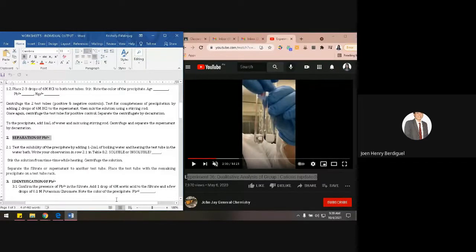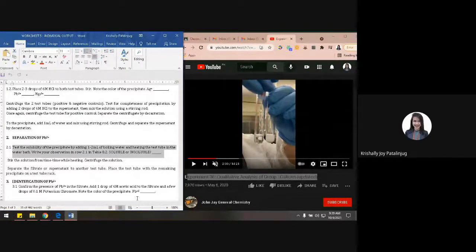Andito ba si Joanne? Yes, ma'am. Okay. 2.1. Test the solubility of the precipitate by adding 1 to 2 ml water bath. Write your observation in row 2.1 in table 8.2, soluble or insoluble.